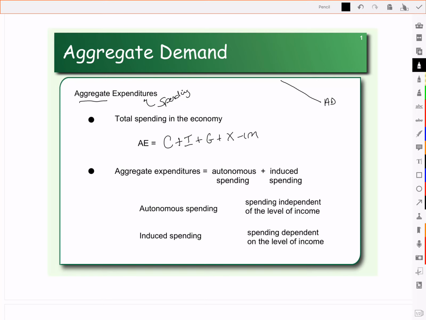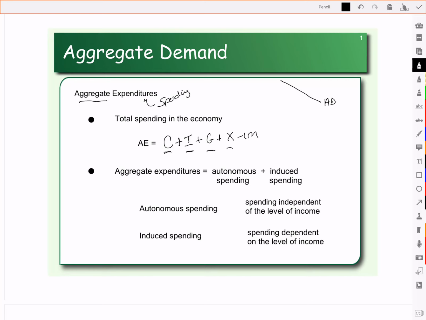And it's really based on who's doing the spending in the economy. So we have households, we have businesses, we have government, and we have people in other countries. And then we have to subtract away the fact that the households and businesses and government sometimes buy goods that aren't made here. So we have to subtract away the imports.